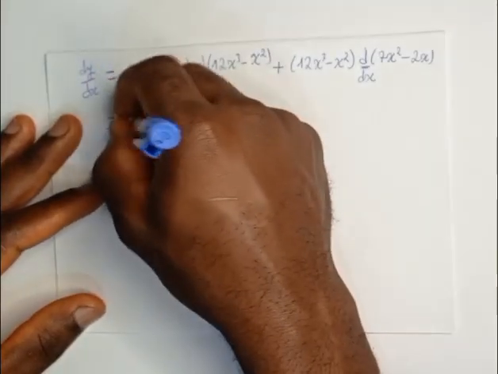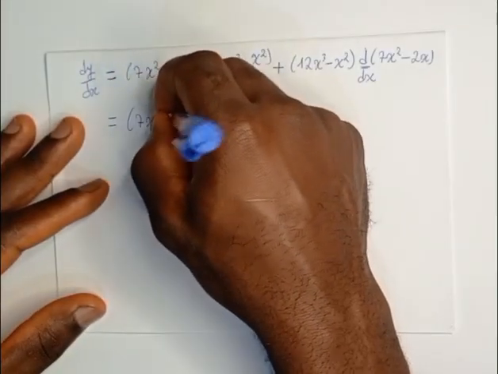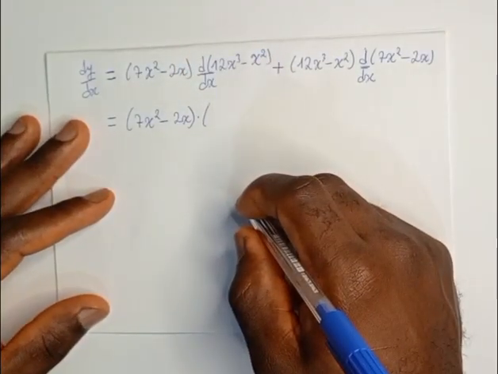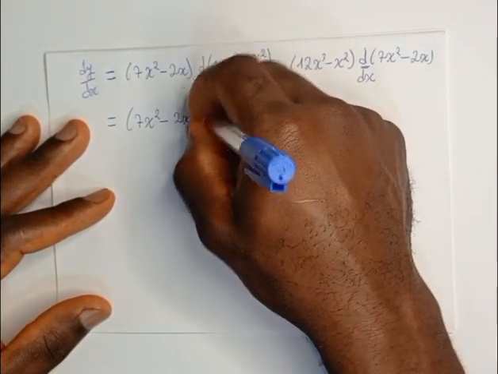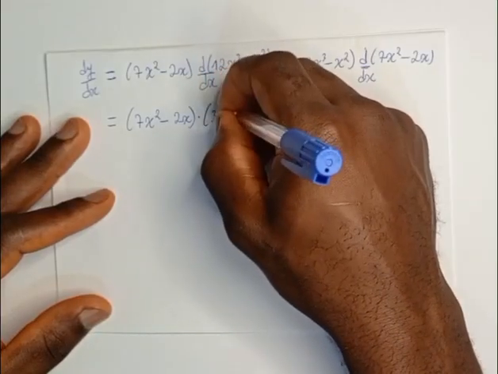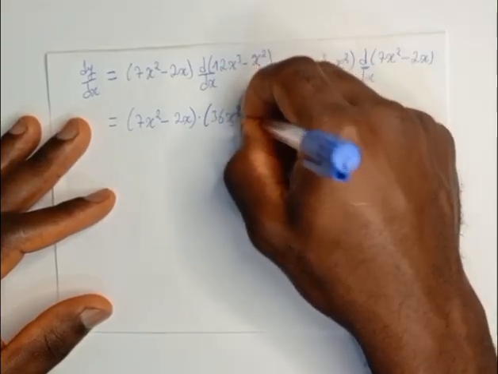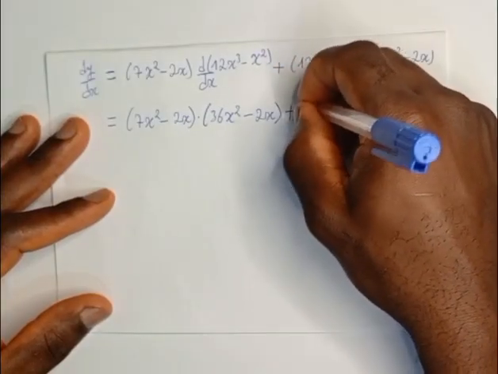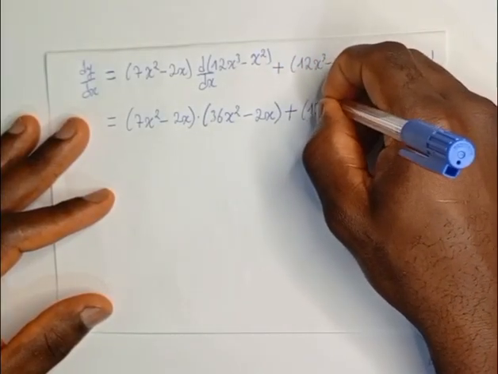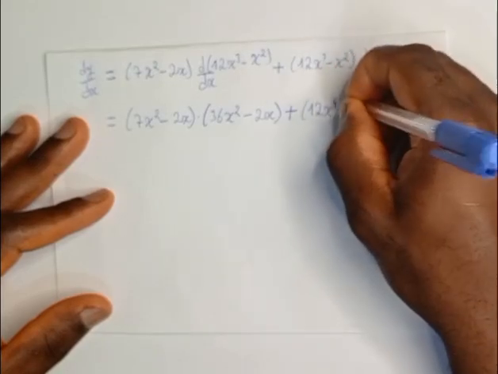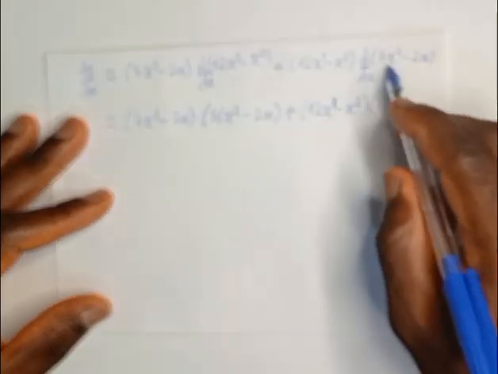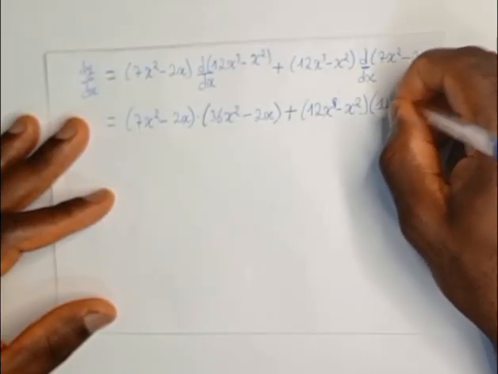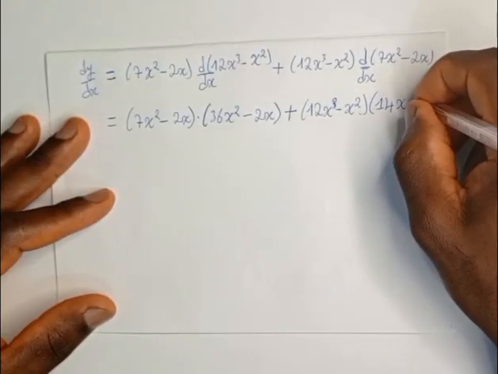And this will be equal to 7x squared minus 2x times the derivative of 12x cubed minus x squared, which gives us 36x squared minus 2x, plus 12x cubed minus x squared times the derivative of 7x squared minus 2x, which gives us 14x minus 2.